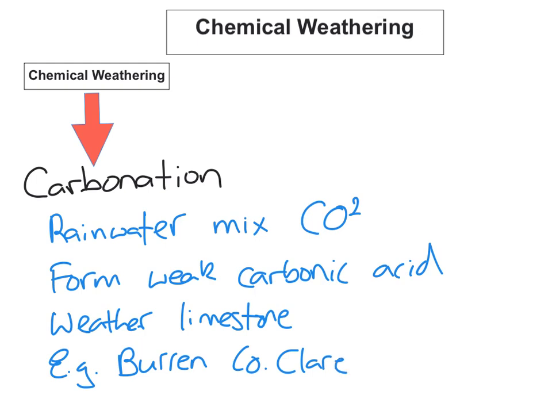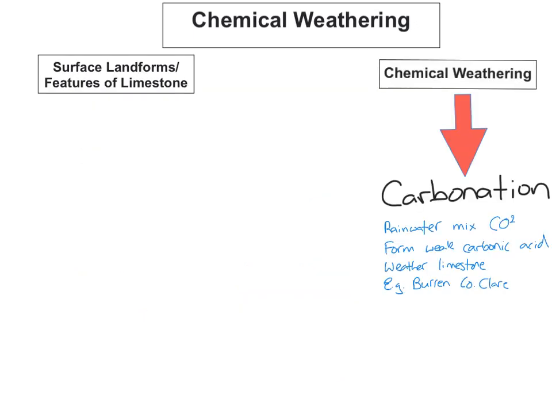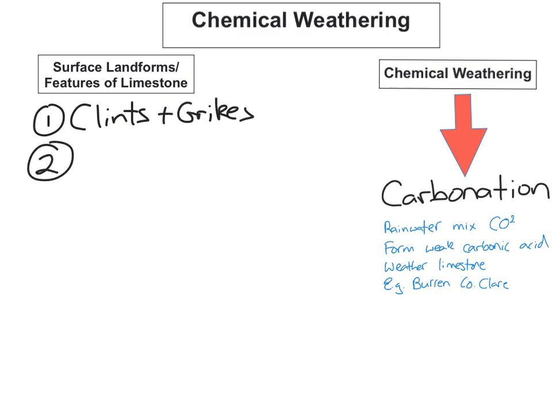Now, because of this weathering and this carbonation, it creates many features of limestone, and we're going to look at some of these features now. You've got some features of limestone, and you've got some surface ones, and some of these surface ones are Clints and grykes, and you have swallow holes.